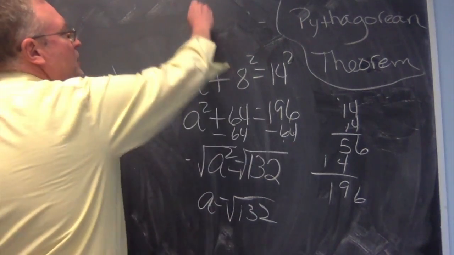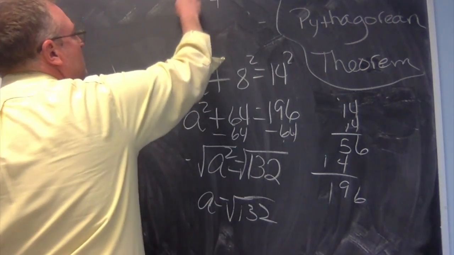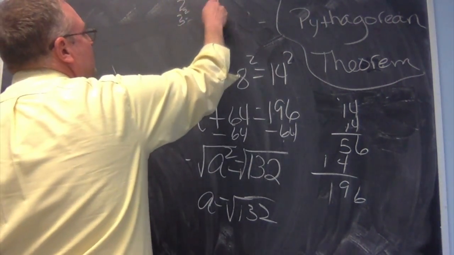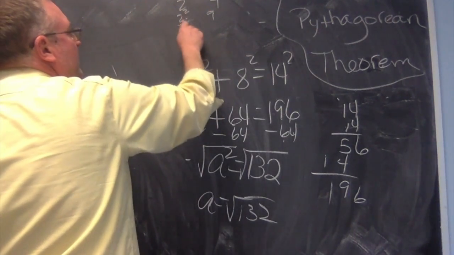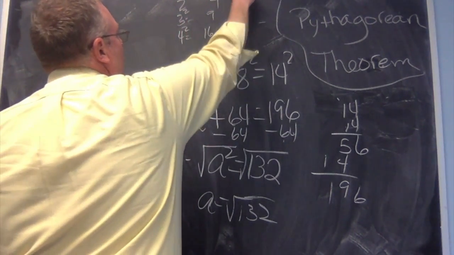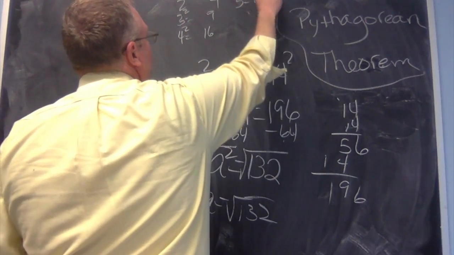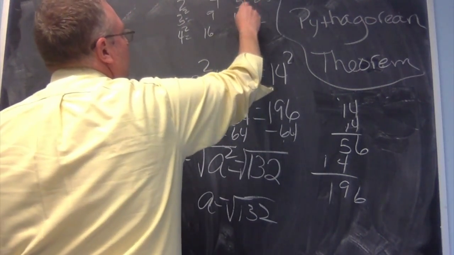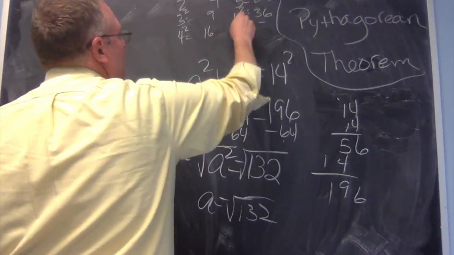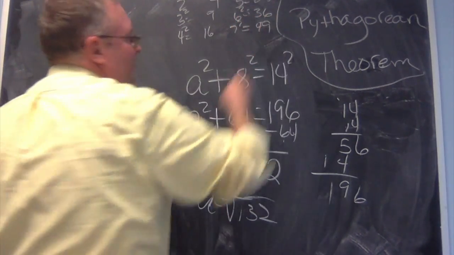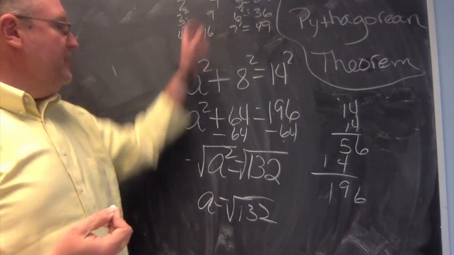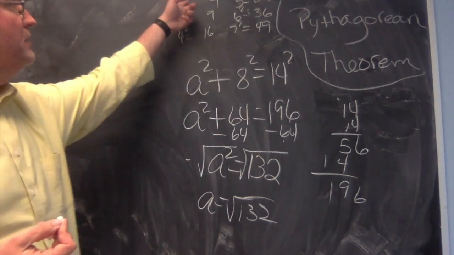My perfect squares: 2 squared is 4, 3 squared is 9, 4 squared is 16, 5 squared is 25, 6 squared is 36, 7 squared is 49. You get the picture. Will any of these go into 132? Well, let's just start with the 4.